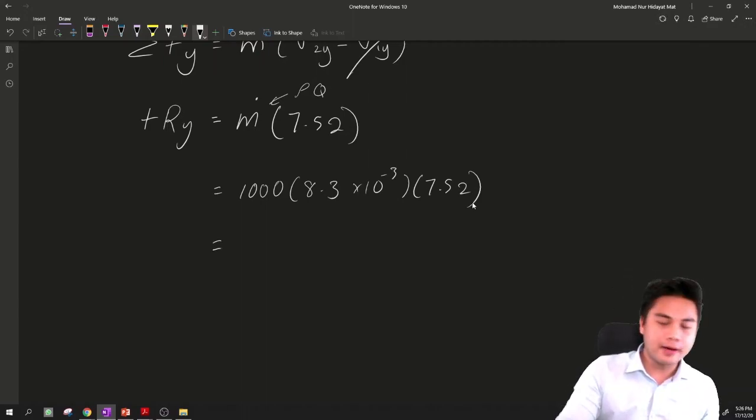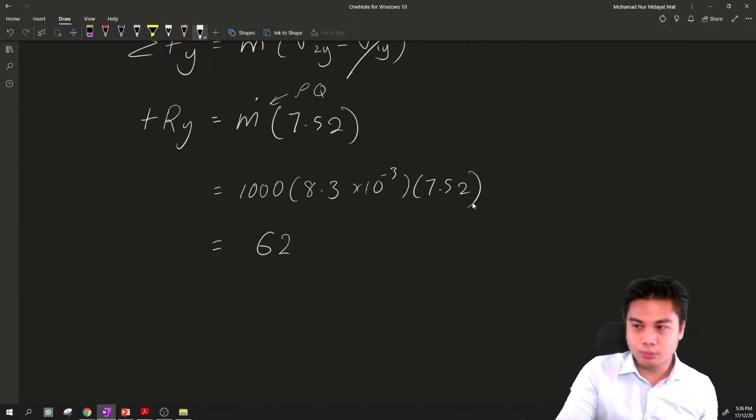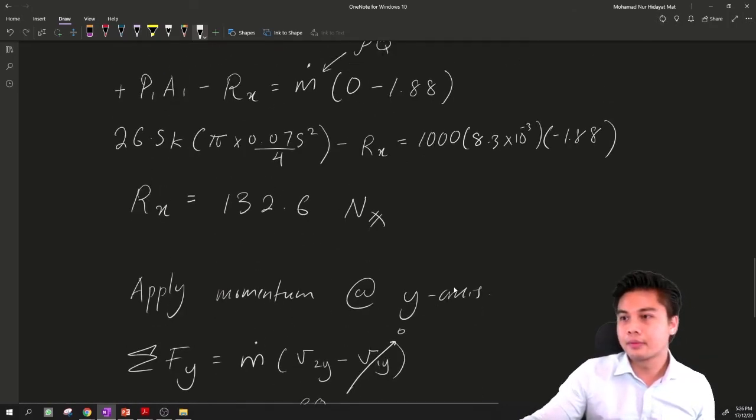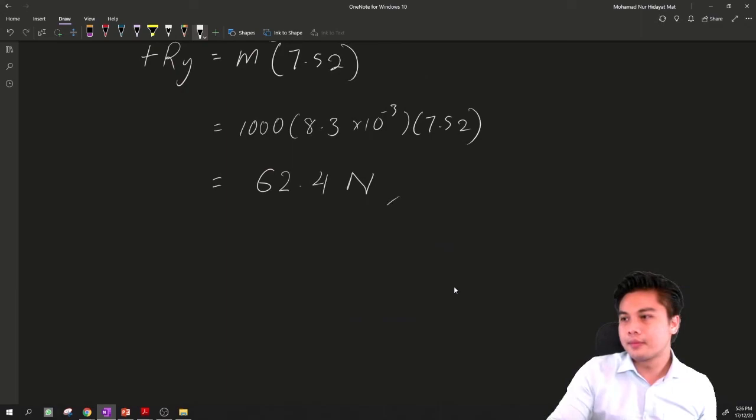Thus, simplifying, we get 62.4 Newton. Therefore, that is the final answer.